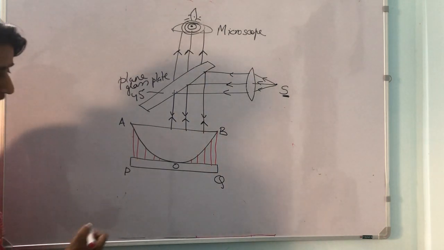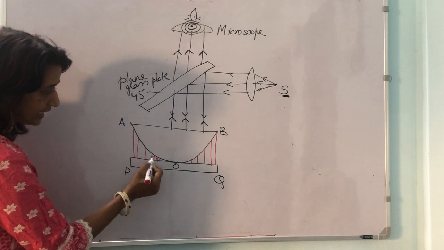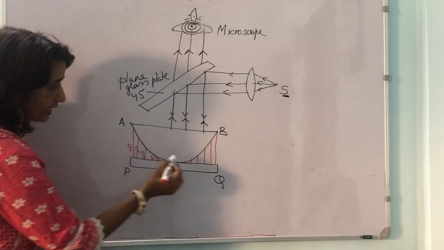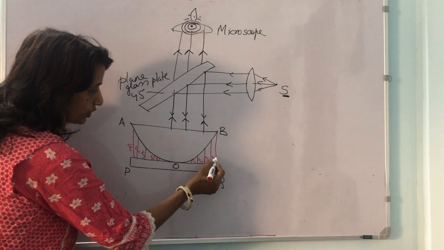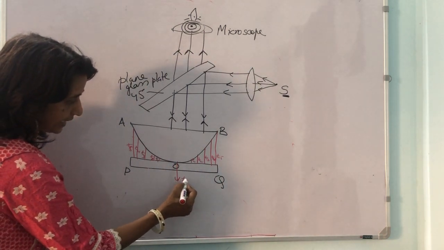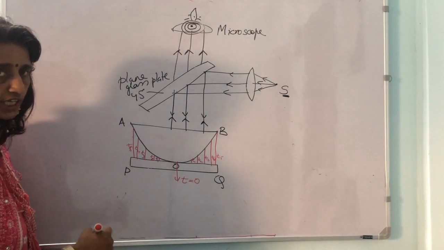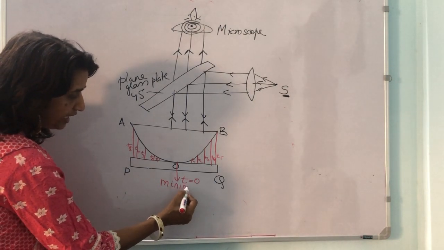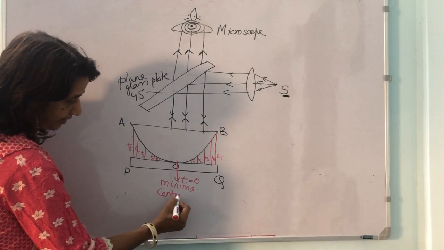On both sides we have thin films of increasing thickness due to the wedge-shaped air film. At the center here, t is equal to 0. So the path difference 2 mu t cos r, if you put t equal to 0, becomes the condition of minima and the center is dark.